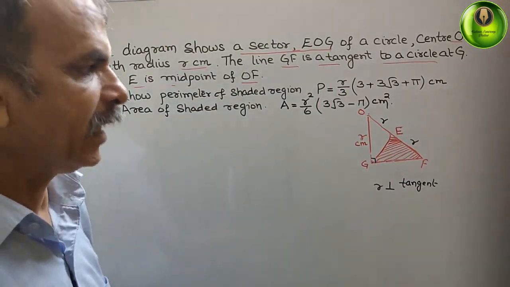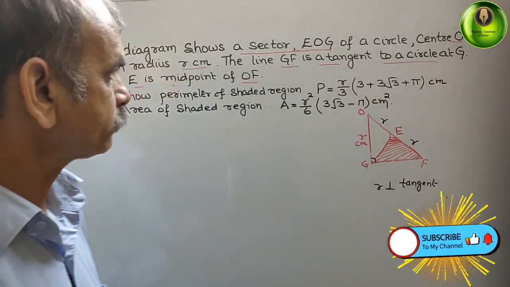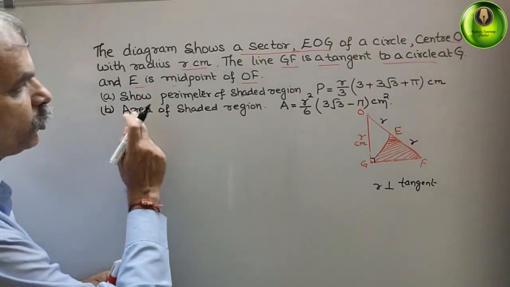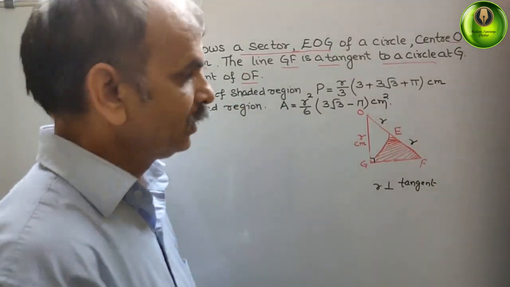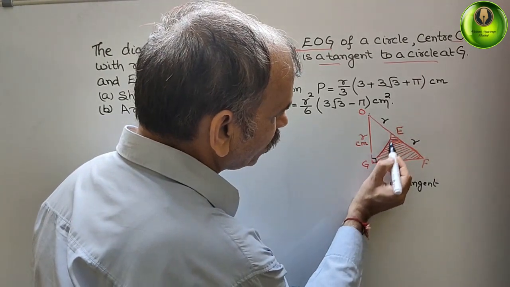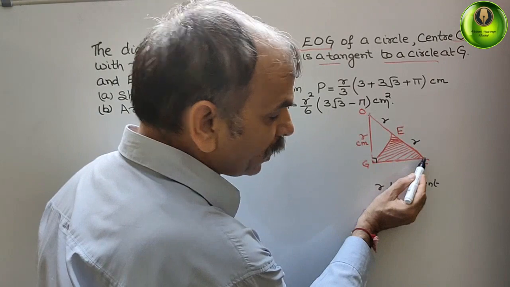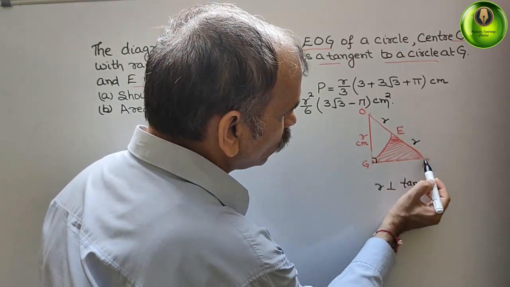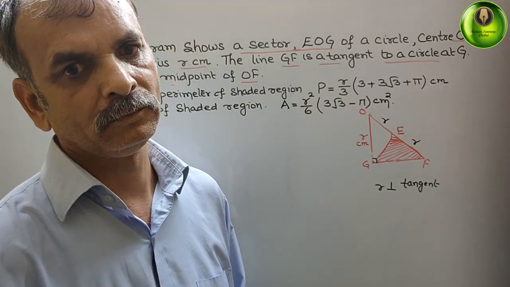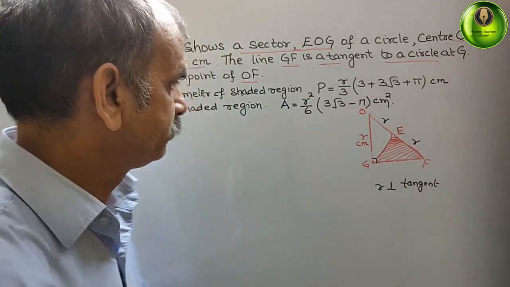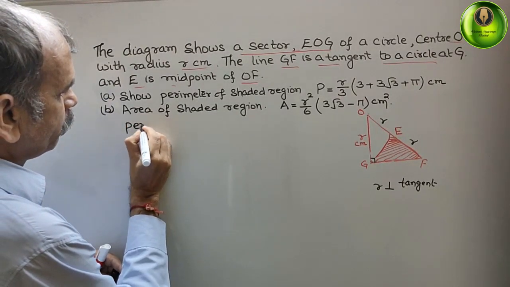Now see what question they have given, that only we will do now. They have asked to show the perimeter of the shaded region. That means from E to G we have to find out, E to F we have to find out, and G to F we have to find out. So first is your perimeter.